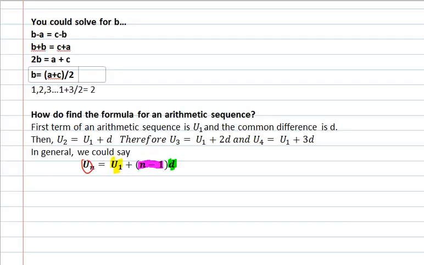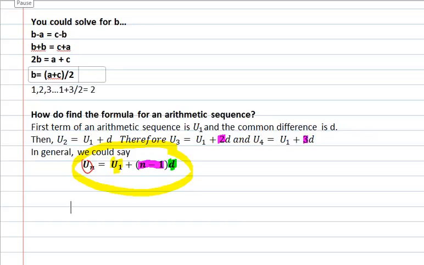Now, if you're wondering why, take a look at the previous example. u3 was found by taking u1 plus 2d. u4 was found by u1 plus 3d. So it was always 1 less than what the actual term number was. So this is the formula for those people that love to use formulas. That is it. So that's definitely something that you want to include in your notes very clearly.